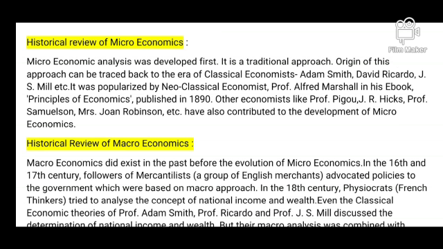Most of the analysis in his book is based on the microeconomic approach. Other economists like Professor Pigou, J.R. Hicks, Professor Samuelson, Mrs. Joan Robinson, etc. have also contributed to the development of microeconomics.